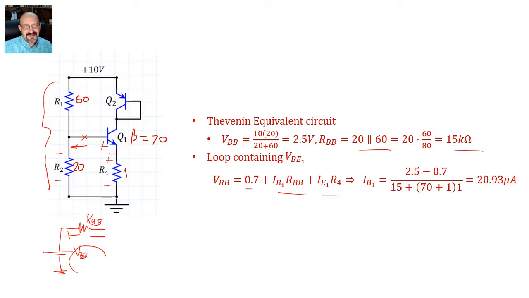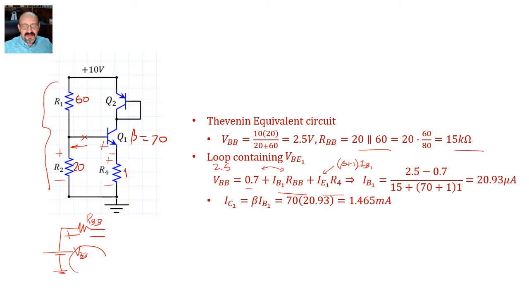Now for IB, we factor all the constant terms on one side, the 2.5 for VB and the 0.7, and then collect the coefficients for IB, knowing that the emitter current is beta plus 1 times IB. Plugging in, we find 20.93 kilo ohms.